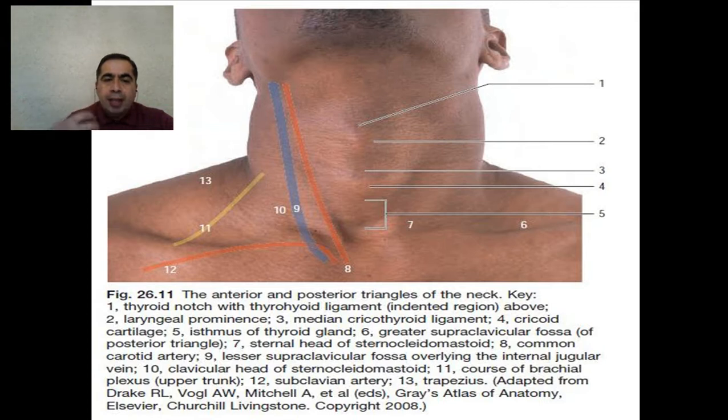You can palpate very dense tissue, but it is not connective tissue, it is nervous tissue, and you can palpate the main trunks of the brachial plexus in this region. And 12 explains the course of the beginning part of the subclavian artery.